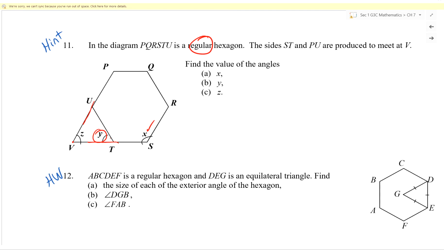The other method is, after you found the value of X, this here is also X, isn't it? Because it's a regular hexagon. Then you take 180 degrees minus your answer in part A. You will also get 60 degrees. So based on this, I can tell you straight away that X is now 120 degrees.